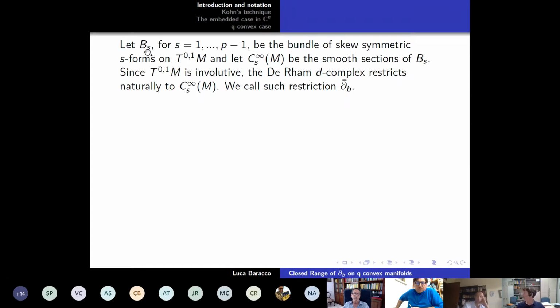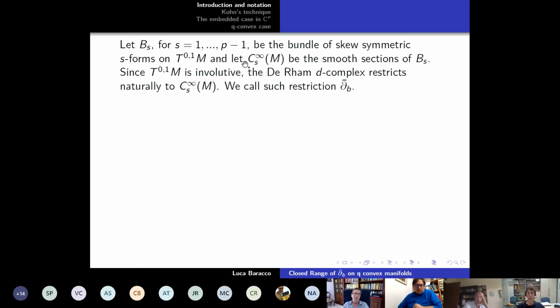Let B^S be the bundle of skew-symmetric S-forms on T^{0,1}M, and let C^infinity_S be the smooth sections of B^S.